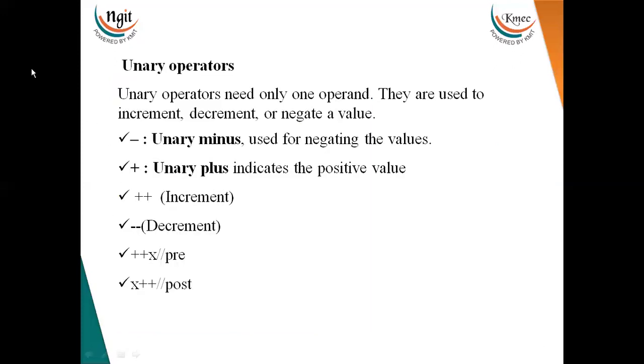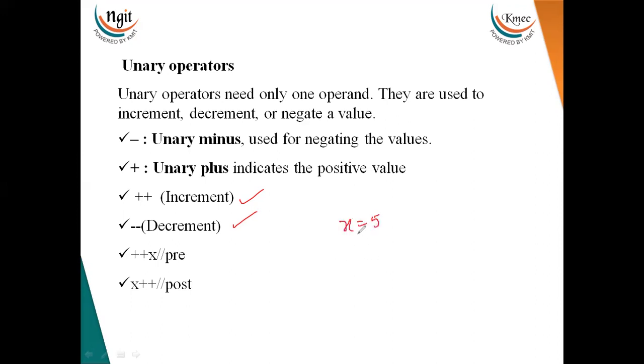Then we have the unary operators, known as increment and decrement operators. Plus plus is called the increment operator, and minus minus is called the decrement operator. Let's say your x value is 5.